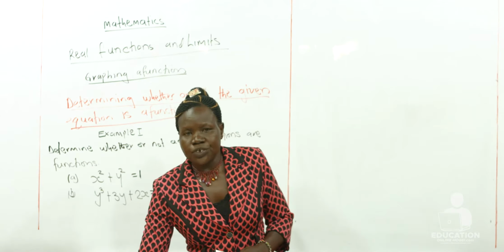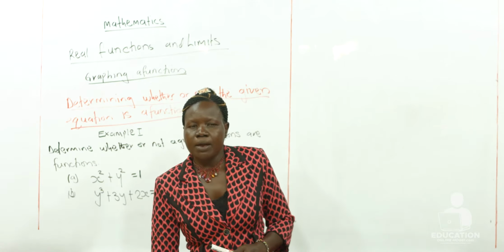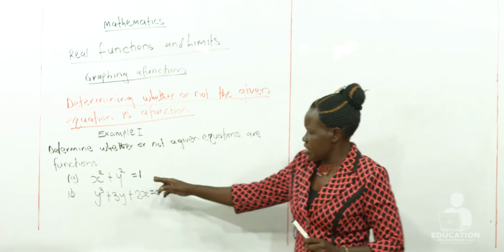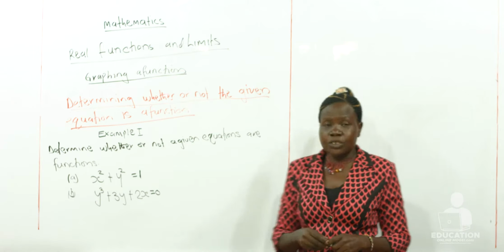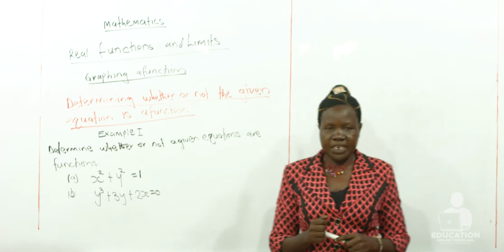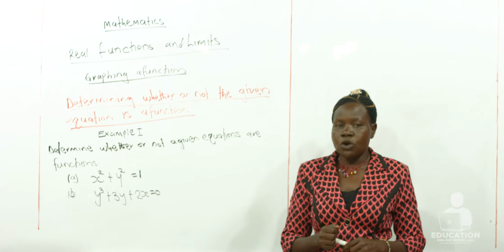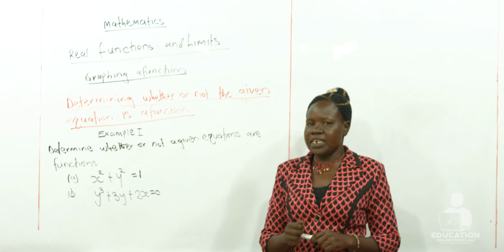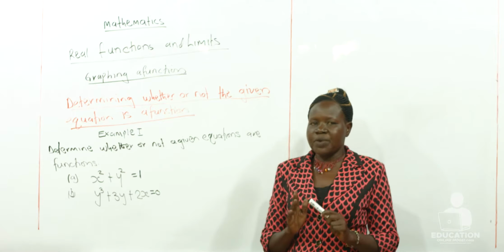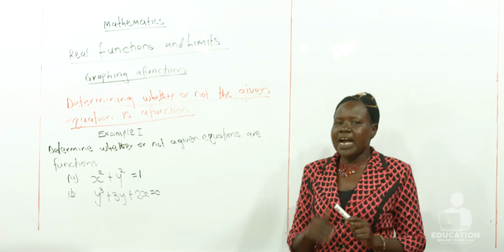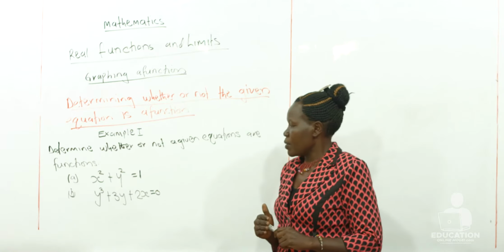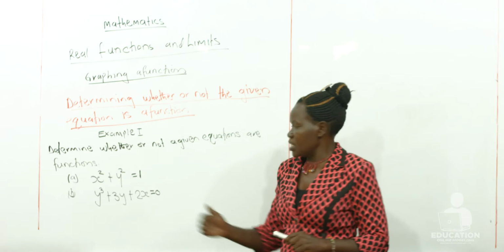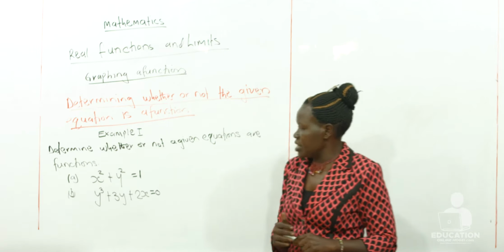What you do is look at it this way: to prove this, the x, which is the domain, we substitute it with 0. We assume that x is 0. So if x is 0, what will be the outcome of the relation of this given equation?